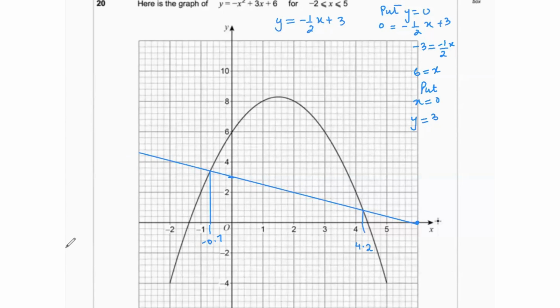So remember, you have to convert the equation that's given into the equation of the curve. And when you do that, that gives you another equation on the other side of the equal to sign, which will be your equation of the line. And then using that equation, you sketch the line on the grid and see where the curve and the line are intersecting, and that will give you the solution.